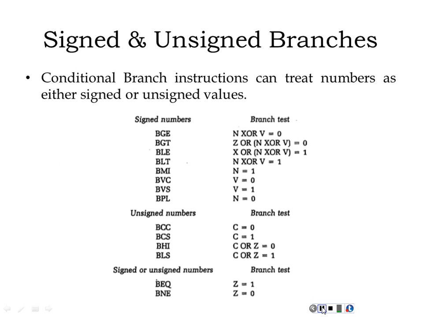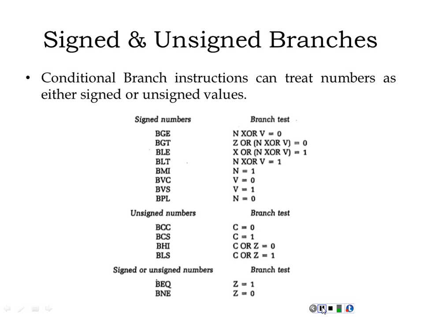They are called signed or unsigned branches because a conditional branch instruction can treat numbers as either signed or unsigned values. These are called signed branches and these are called unsigned branches, or some of the branches are signed or unsigned both. All you need to do is check the branch test.